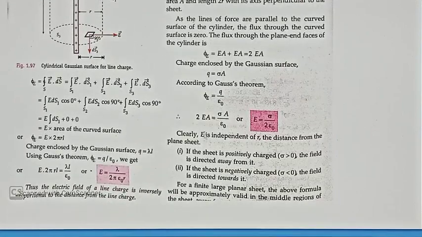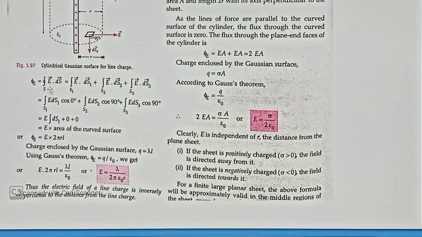So total flux phi is equal to integration E dot ds for the whole surface, which is equal to integration E dot ds1 for the surface s1 plus integration E dot ds2 for the surface s2 plus integration E dot ds3 for the surface s3.